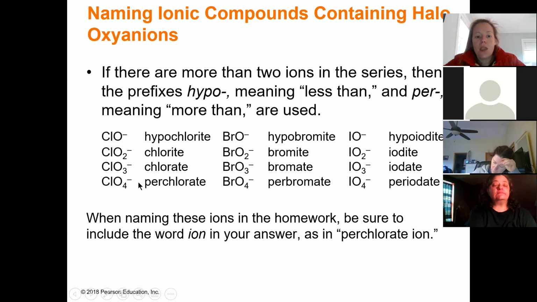We go to 4 oxygens, we add the prefix per. So we take the chlorate and we put per in front of it, perchlorate. What if we are at chlorite? So we're at 2 oxygens and we want to subtract 1 oxygen to ClO minus. The next in the series, you'll take the chlorite and you'll put hypo. Have you guys heard of like hypoglycemic, right? Under, below. So that's 1 oxygen lower.